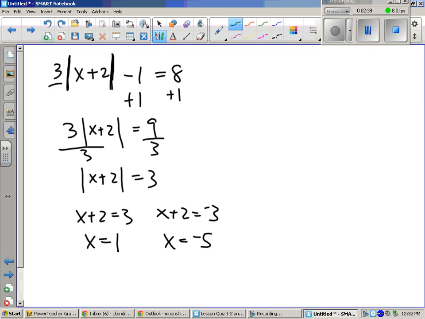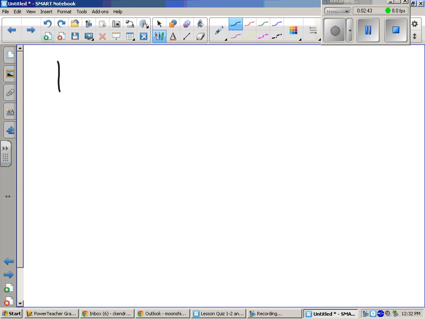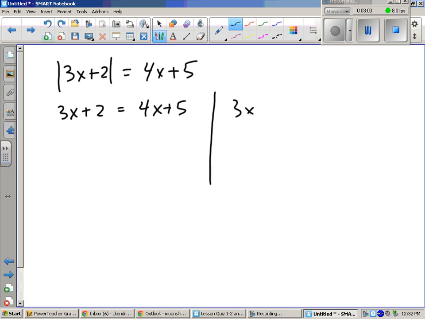Now, let's try another one. Let me get to the next page. Two absolute values, or two things in the absolute value. And we have two x's though, so this is going to be a little bit different. So we still set it up. One's positive, one's negative. So 3x plus 2 can be positive 4x plus 5, or 3x plus 2 can be negative 4x plus 5. We don't know which one it is.